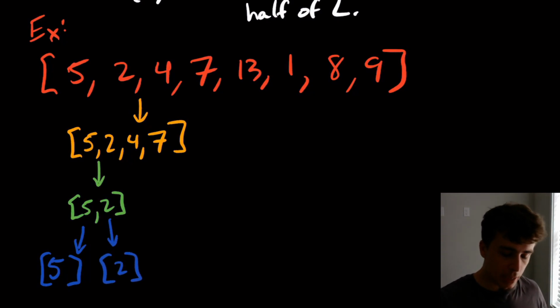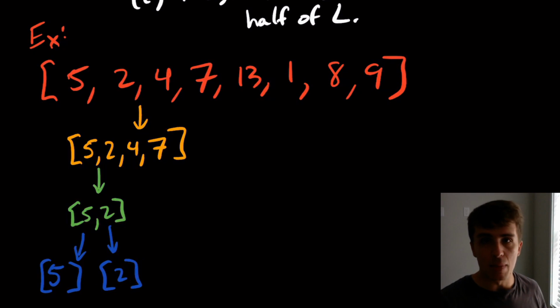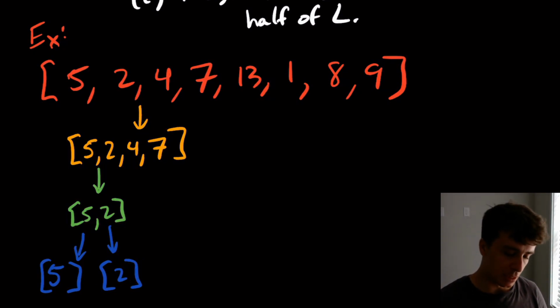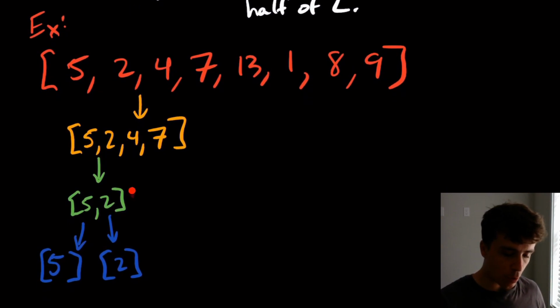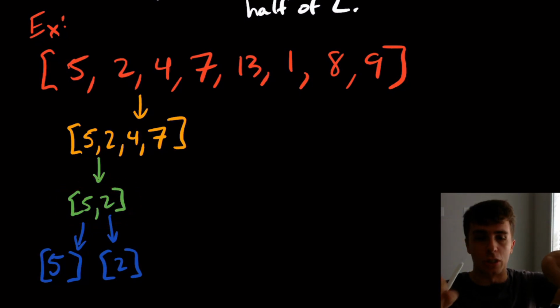Okay, so then now what do we do? Well, since this 1 element list is automatically sorted, nothing is done with it. So then now, again, we're going to come back up the recursion 1 level to this list. So now both recursive calls are done.